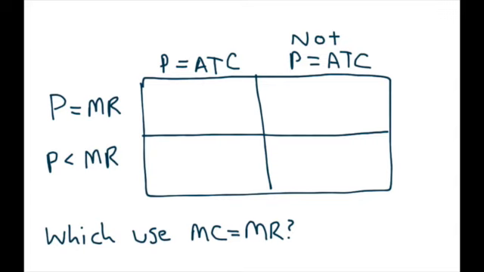If P equals ATC, that's the zero profit condition, and it's because of free entry. If free entry is allowed, firms will enter the market and push prices down until you have P equal ATC and no profit. If there's no free entry because the time period is too short, or it's banned in general, then you'll have P not equal to ATC. You could have them equal by chance, but there's no rule that says they have to be equal.